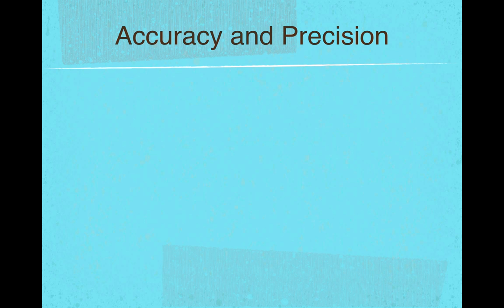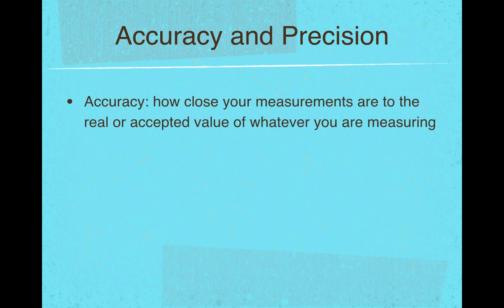One last topic that we have to talk about is these two vocabulary words of accuracy and precision. Accuracy is how close your measurements are to the real or accepted value of whatever you are measuring.